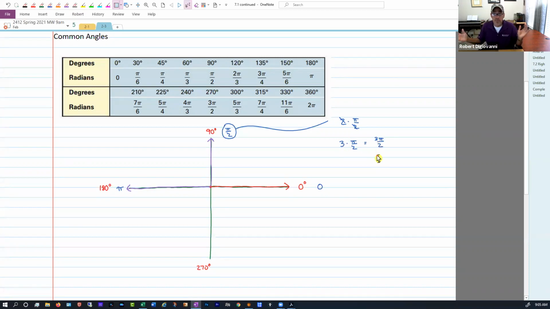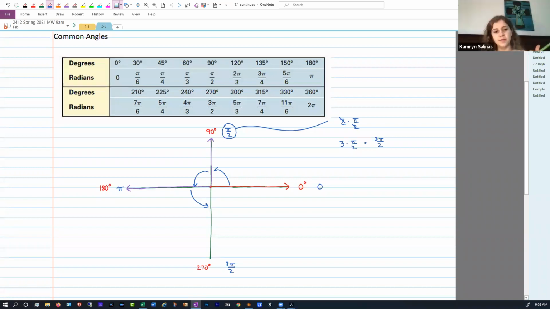I'm not going to make that 1.5 or anything like that. I'm just going to leave it as 3 pi over 2. Again, I started with pi over 2 and counted 1, 2, 3 of them to get here. Are y'all following this process? Yes. Okay.